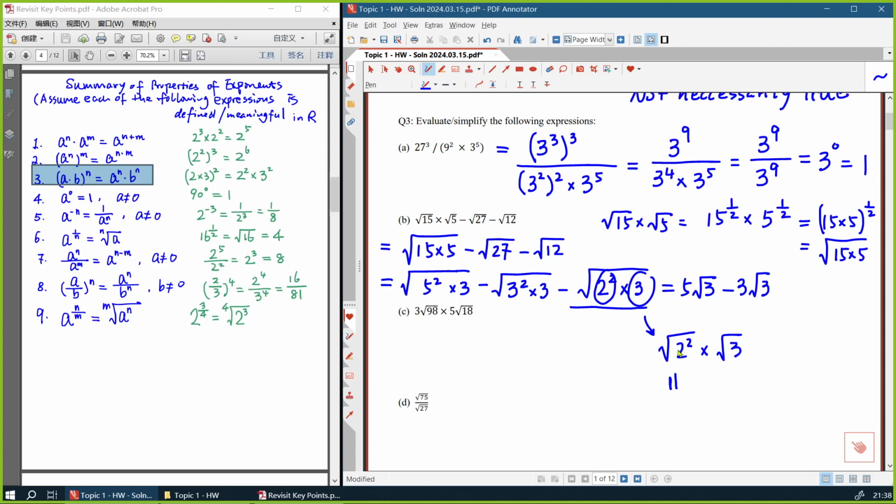Okay, I'll give you another hint. Square root of some number is actually this number raised to the power of 1 over 2, right? Yeah. So 2 to the power of 2, then to the power of 1 over 2. What is this number here? Can you simplify that? As 2 times 1 over 2, right?